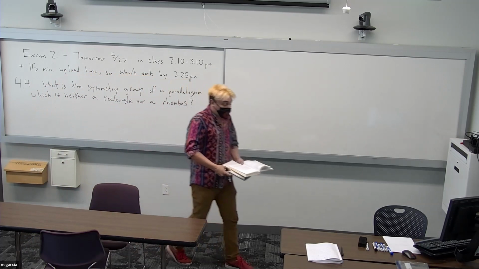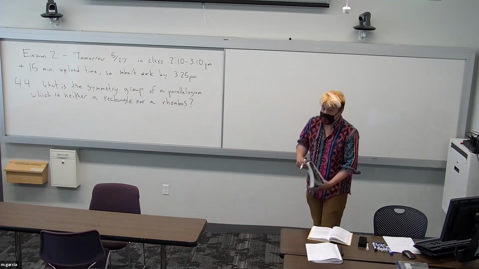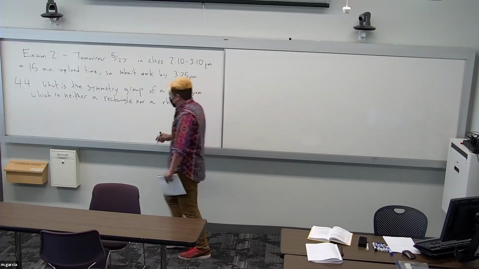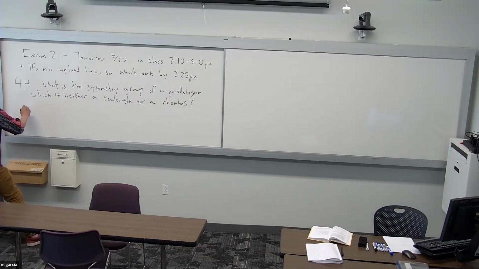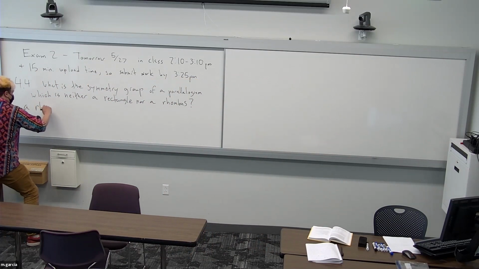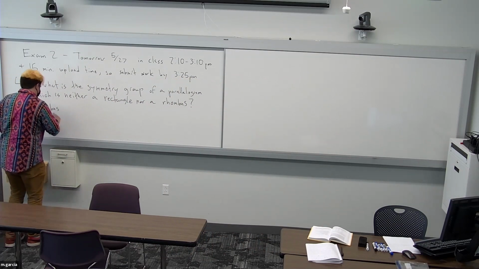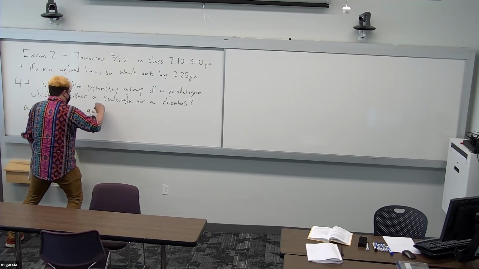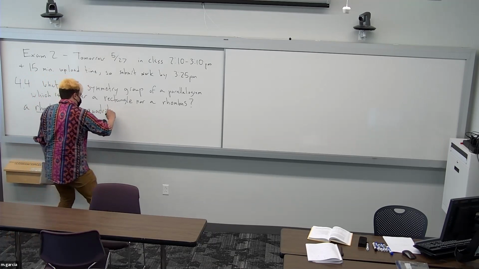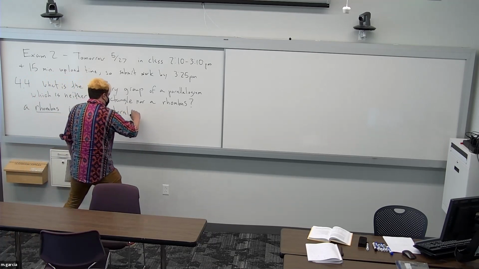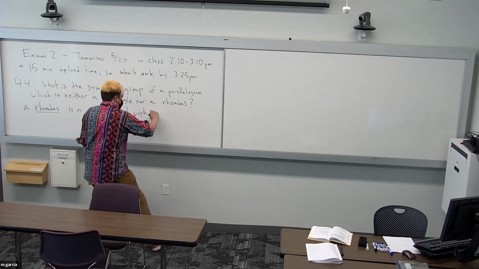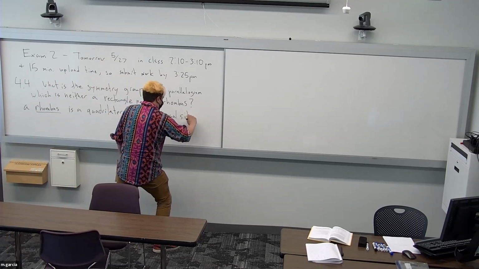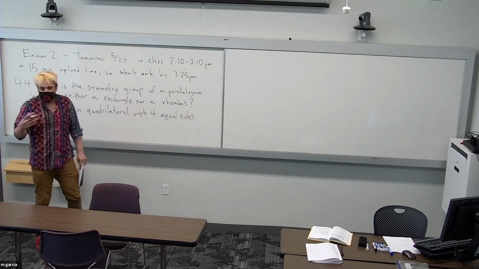Okay, what's a rhombus? 4 equal sides. Yeah, it's a diamond, basically, right? So, a rhombus is a quadrilateral with 4 equal sides and 2 pairs of congruent angles.